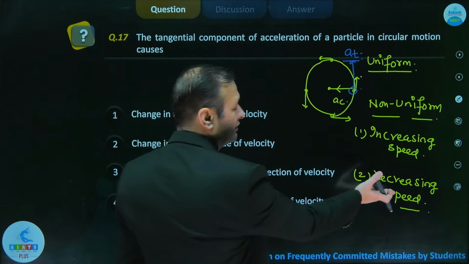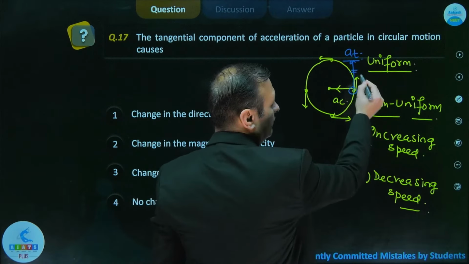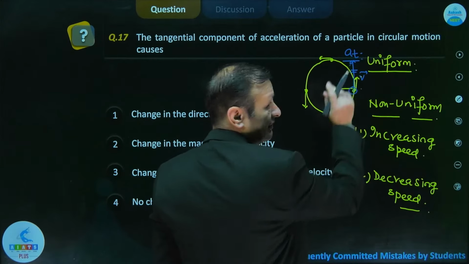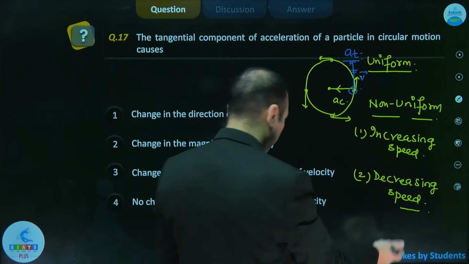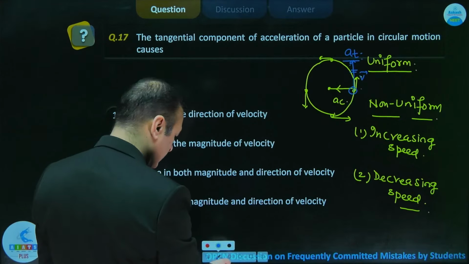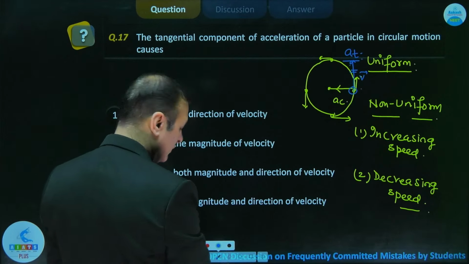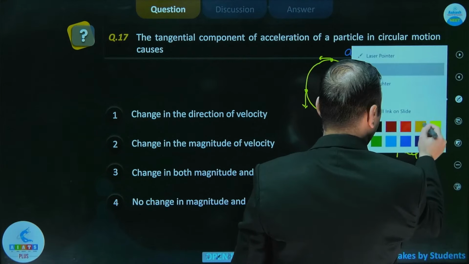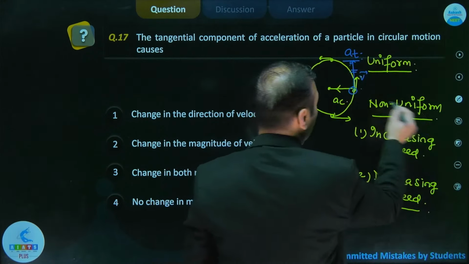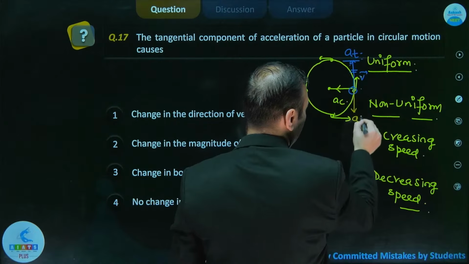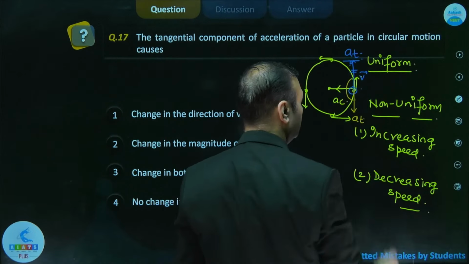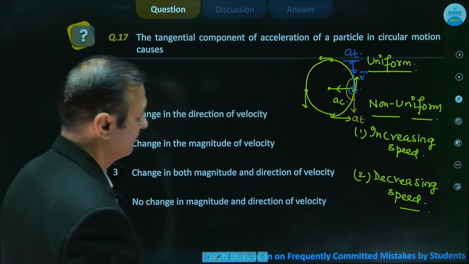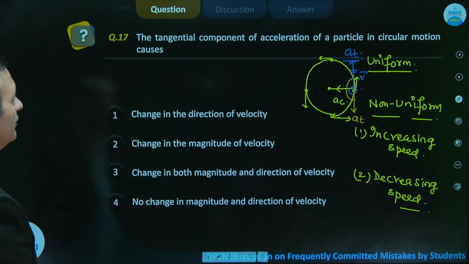So if you have increasing speed, velocity and tangential acceleration are in the same direction. But if you have decreasing speed, you may have tangential acceleration opposite to the velocity vector. You got it or not? So both the options are there.